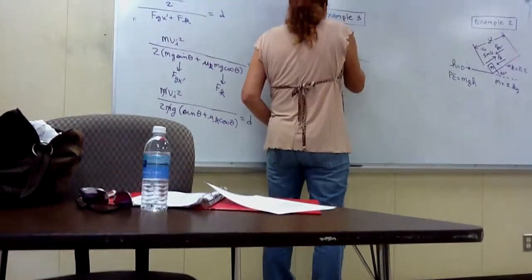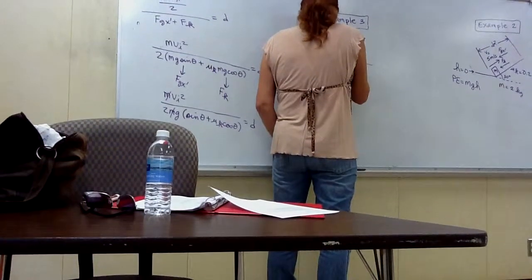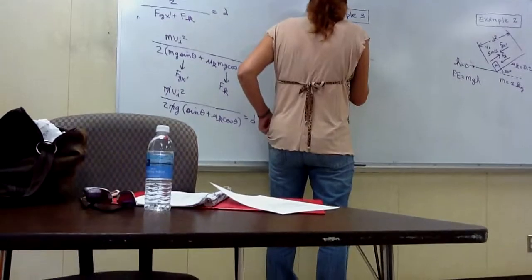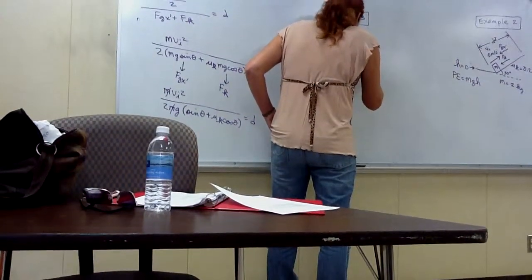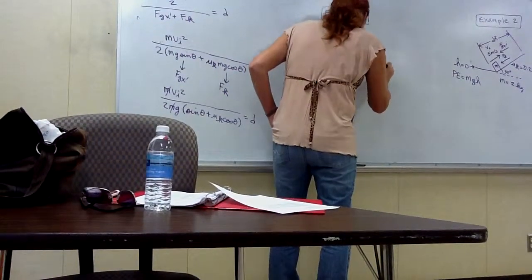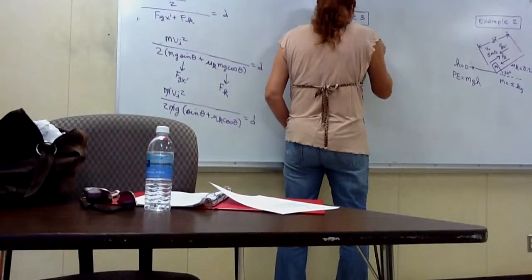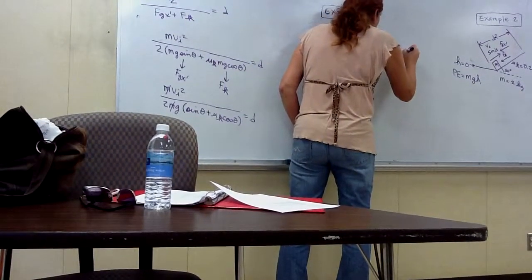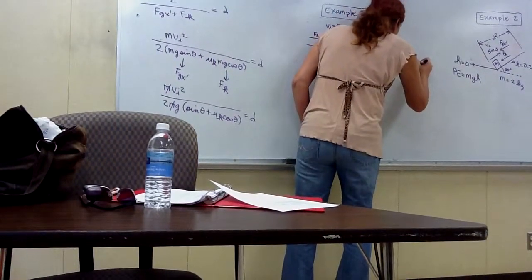I'll give you an acceleration, and we'll say 3 meters per second squared. We'll have an initial velocity of 0. We'll have a mass of 2 kilograms. We'll have a mu sub k value of 0.2. And the last thing we have is F sub A is applied for 3 seconds.